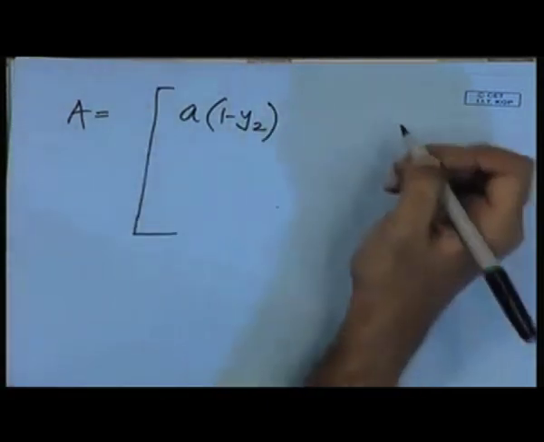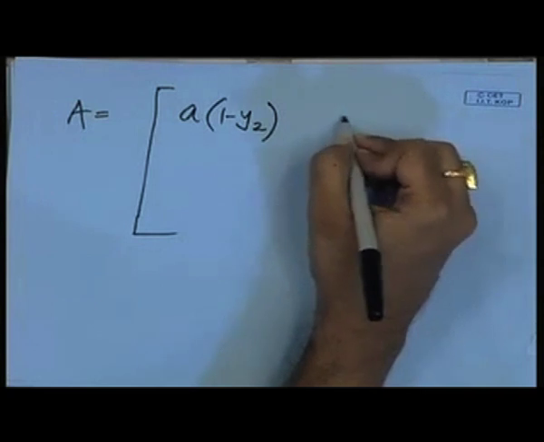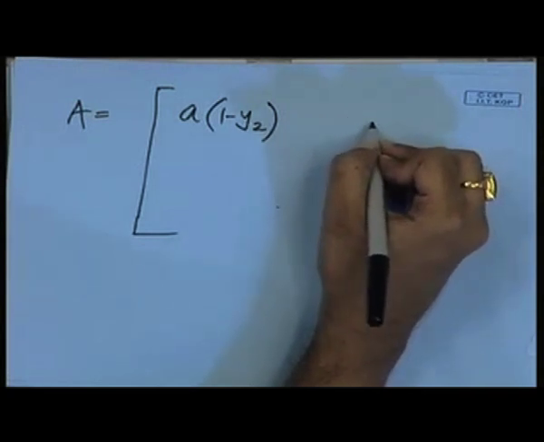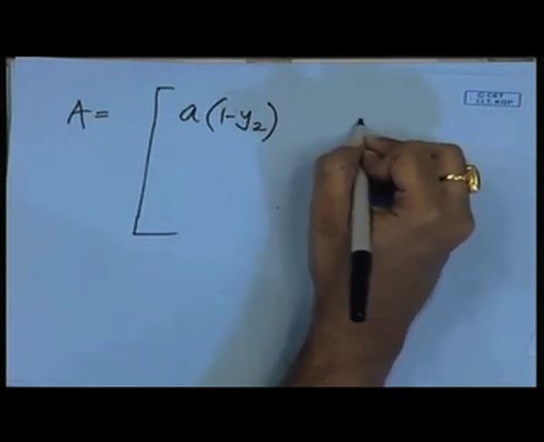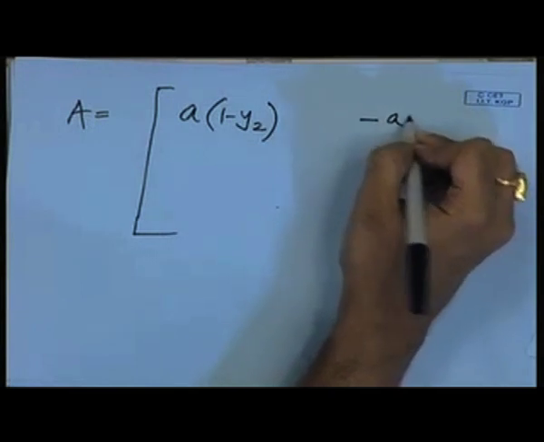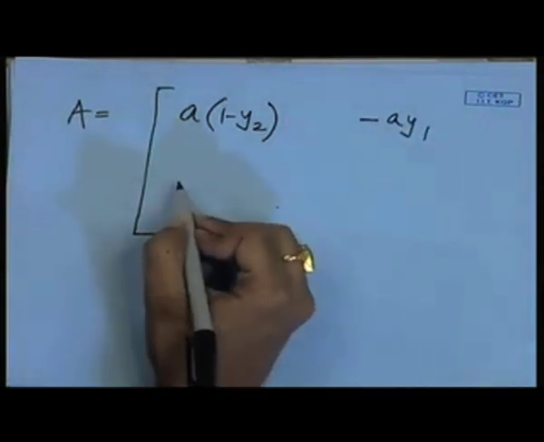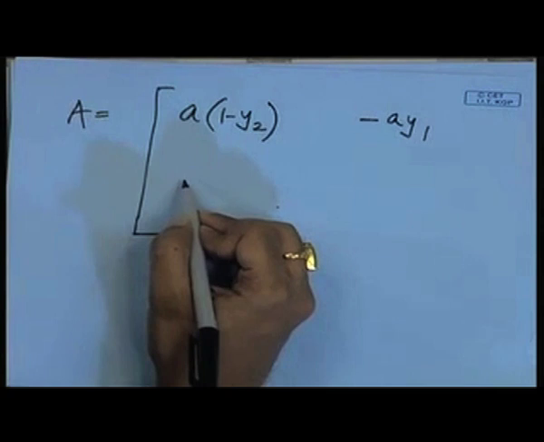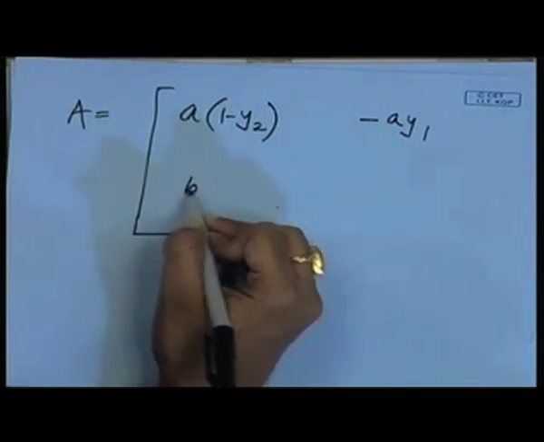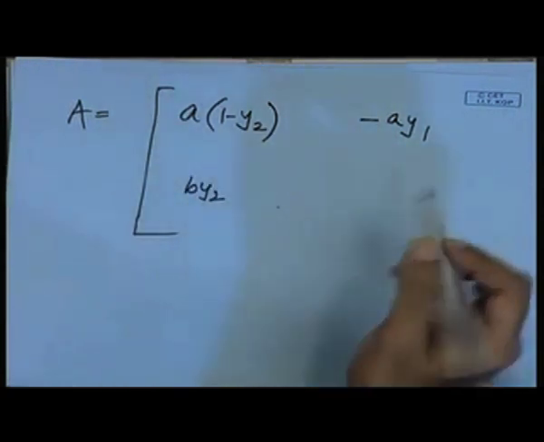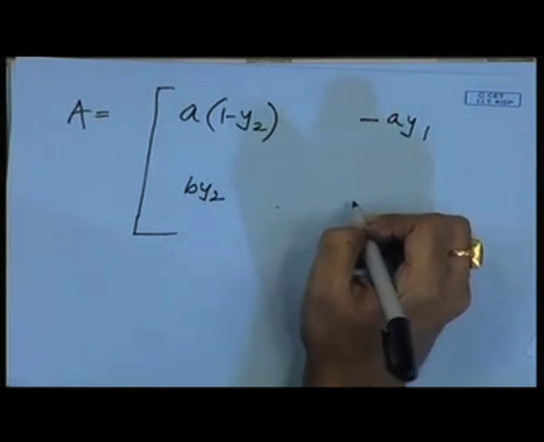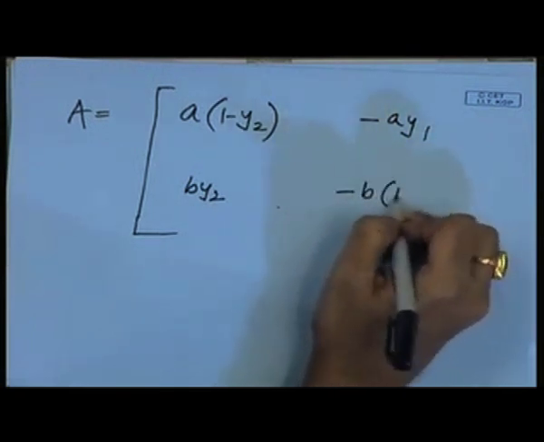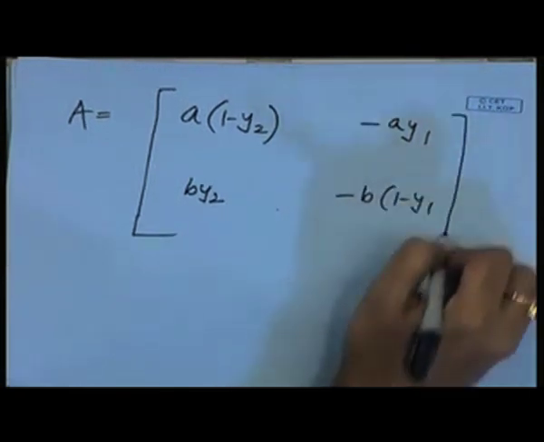The next term, del F1 del Y2, is minus A Y1. Now, del F2 del Y1 is B Y2, and del F2 del Y2 is minus B times 1 minus Y1.